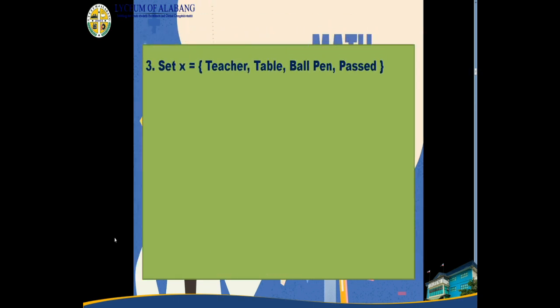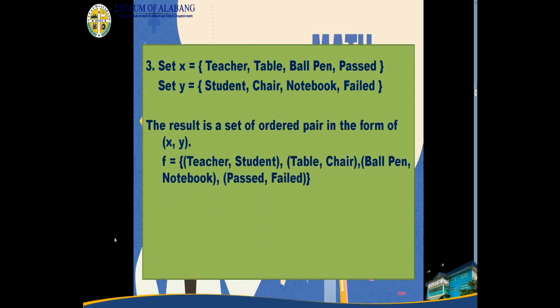Number 3, set x is equal to the set of teacher, table, ballpen, pass. And set y is equal to the set of student, chair, notebook, failed. The result is a set of ordered pairs in the form of x and y.